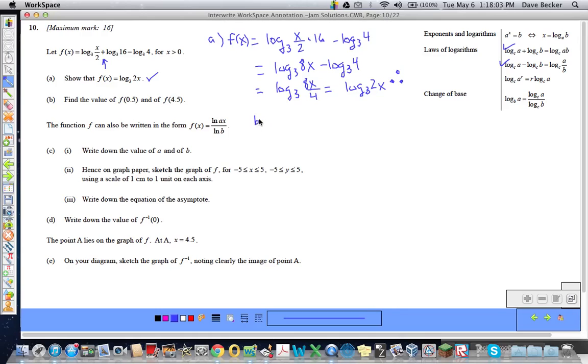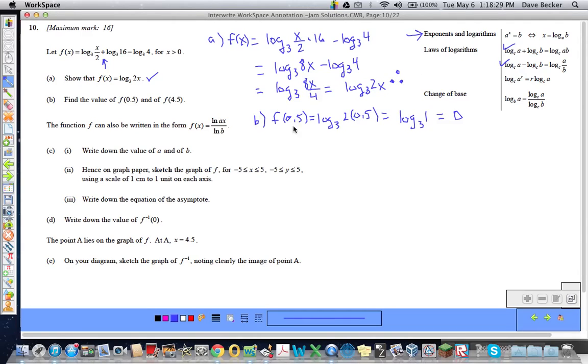So for B, f of 0.5 would be log base 3 of 2 times 0.5, which is log base 3 of 1, which has to be 0 because 3 to the 0 equals 1. This is exponents and logarithms.